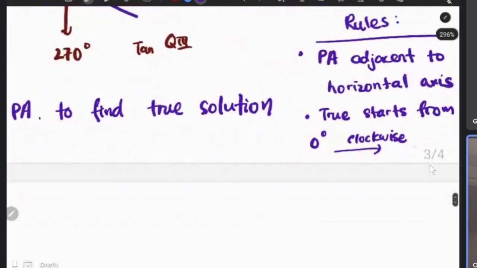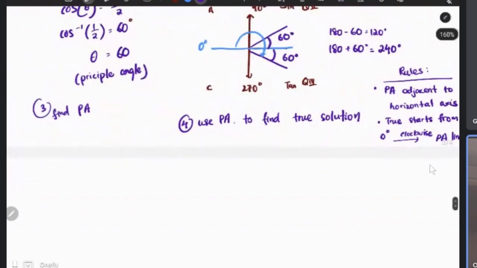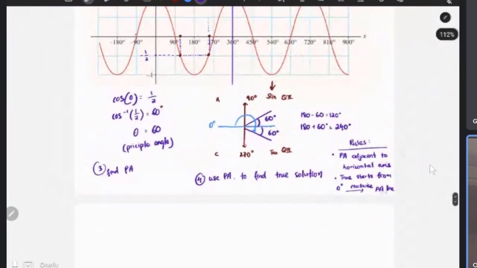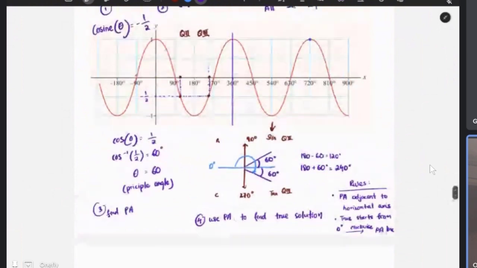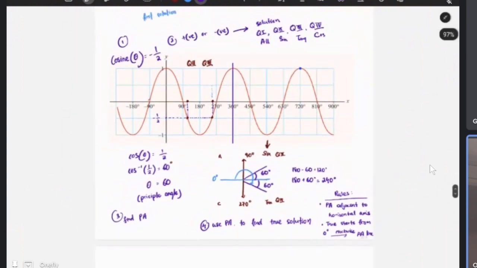I'm running out of space. The line of your principal angle, PA line. So there are two rules that I think really help you to systematically find your solution. This is the best I can do for you to at least break it down into four steps.